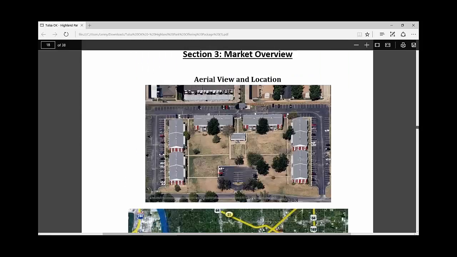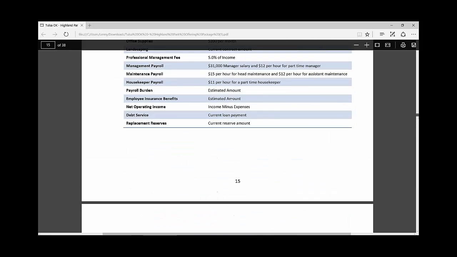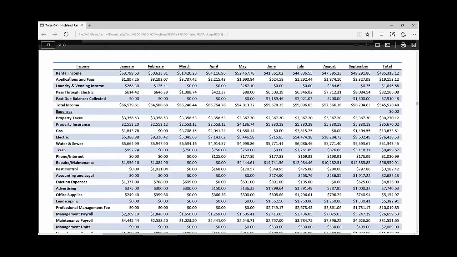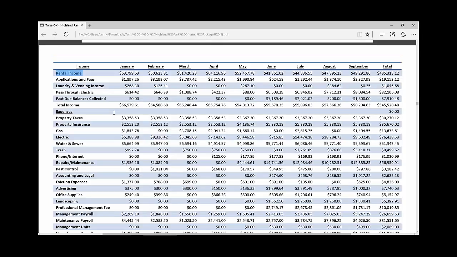I don't care about any of this stuff until I have the property under contract. Then it becomes very interesting to me. Here we go. All right, look right here. The rental income on the property. This number is going to become very interesting for me when I add it in.